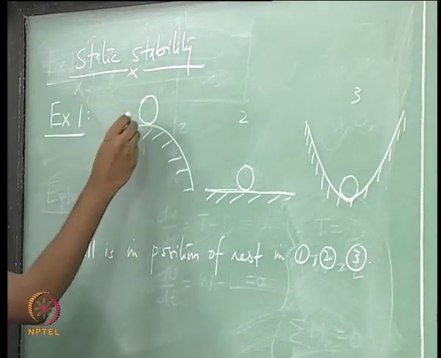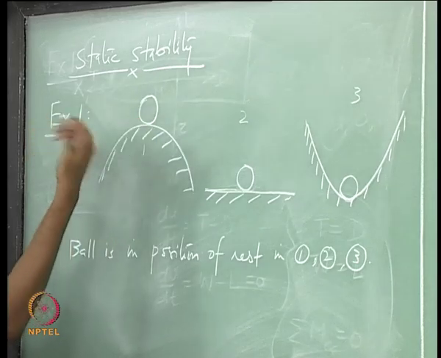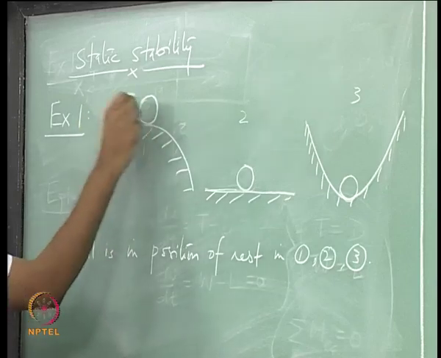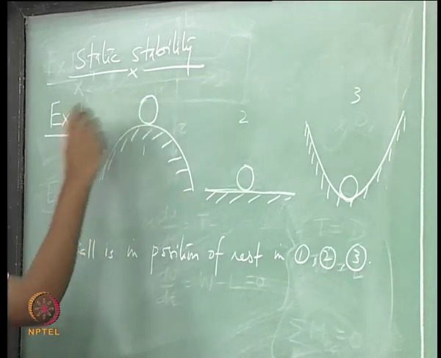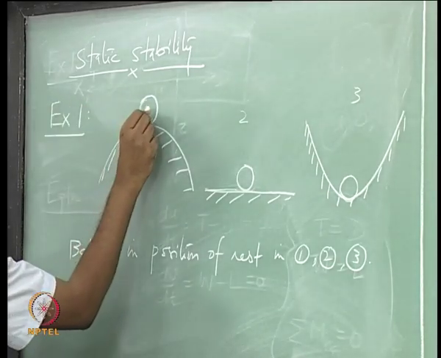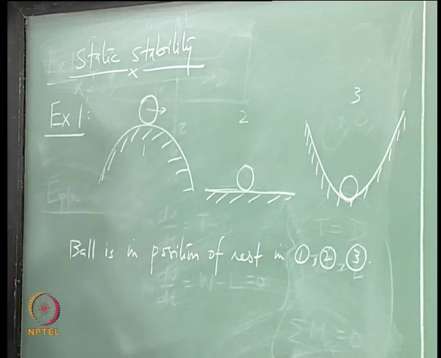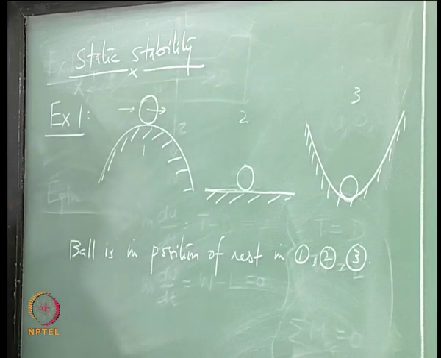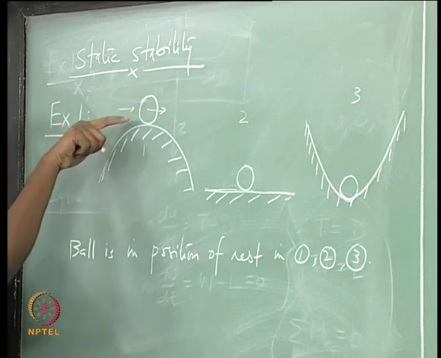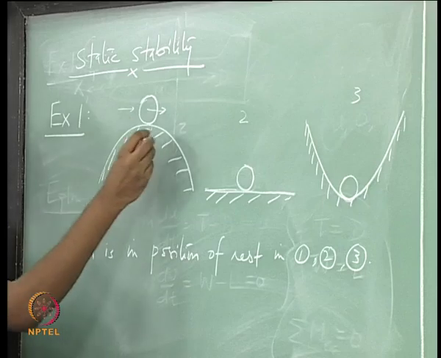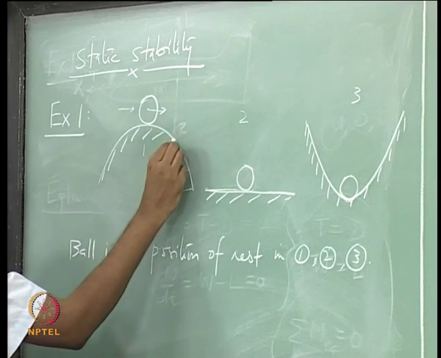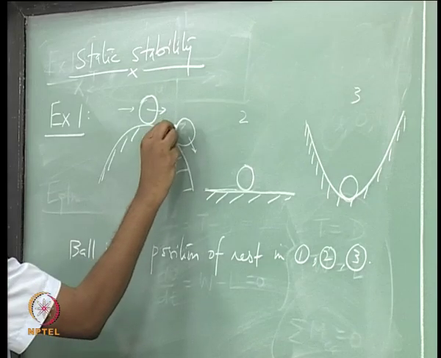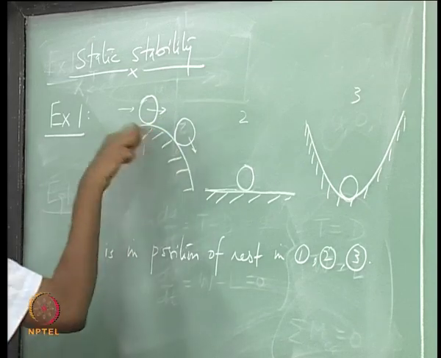So, we want to look at how this ball is going to behave when the ball is disturbed from this equilibrium position. So, the ball is hit. So, we know that when the ball is hit from this side, ball is going to have a motion which is going to make it fall.